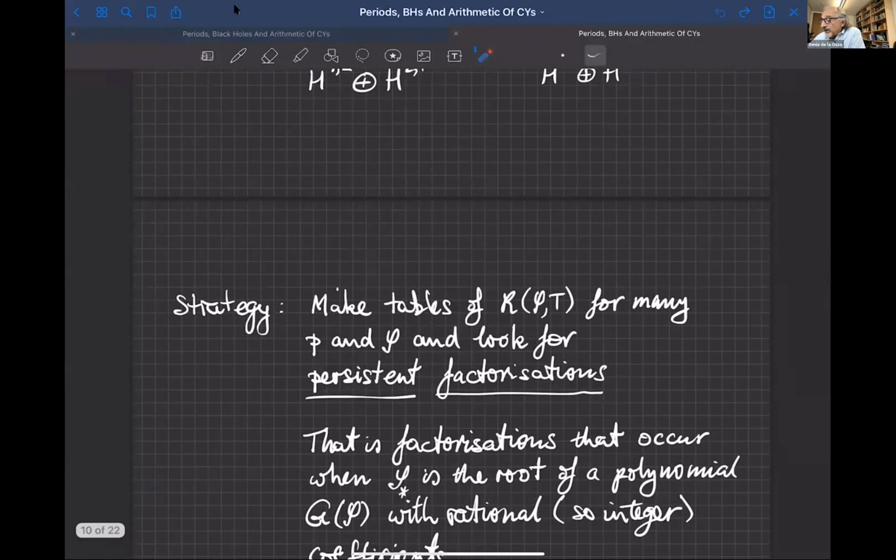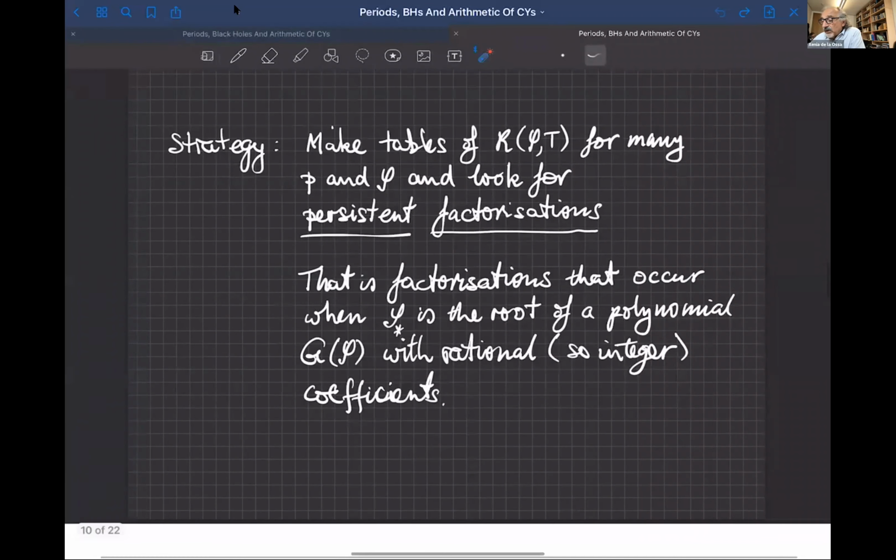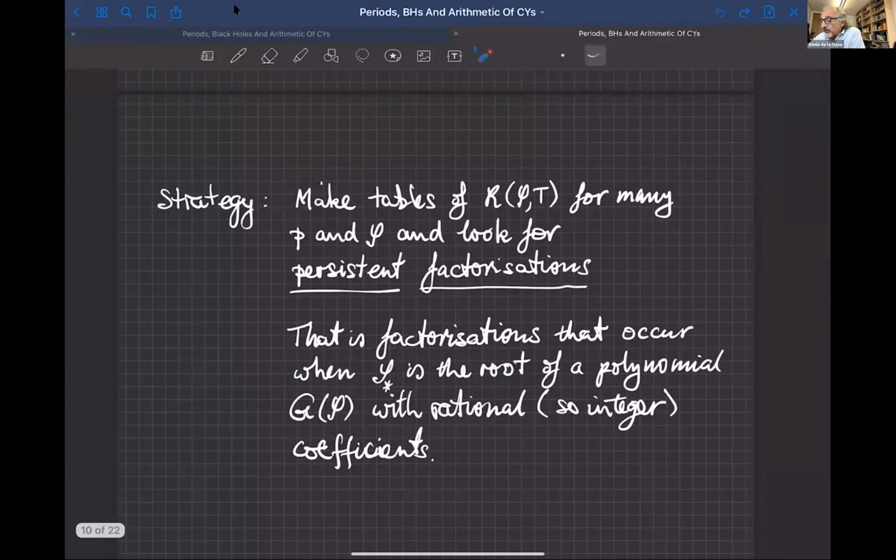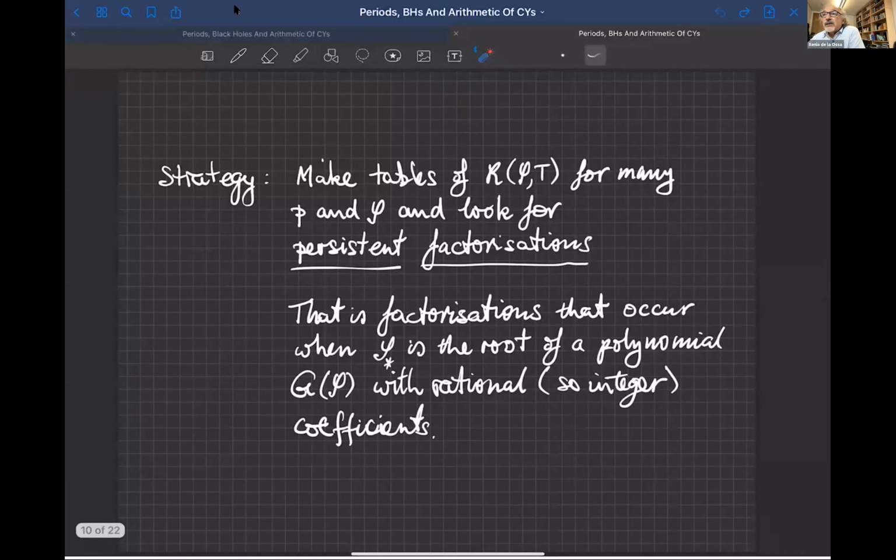So here's the strategy. Once you know this happens, then you want to find such attractor points. And so a strategy is to pick a 1-parameter family of manifolds, and make tables of R of phi and t for many primes p and many values of phi, and look for factorization.